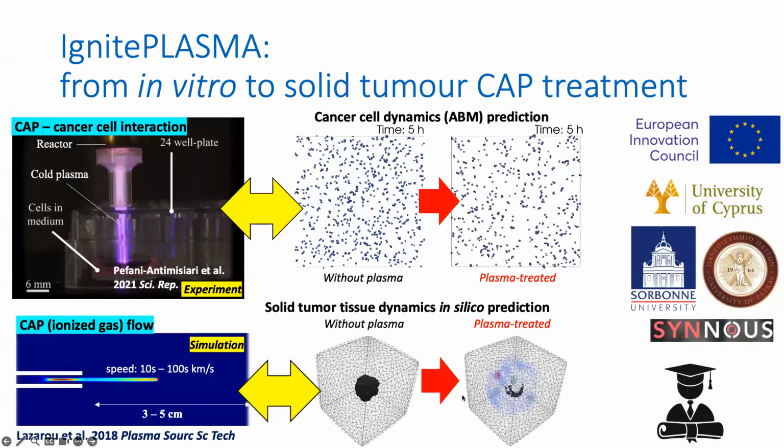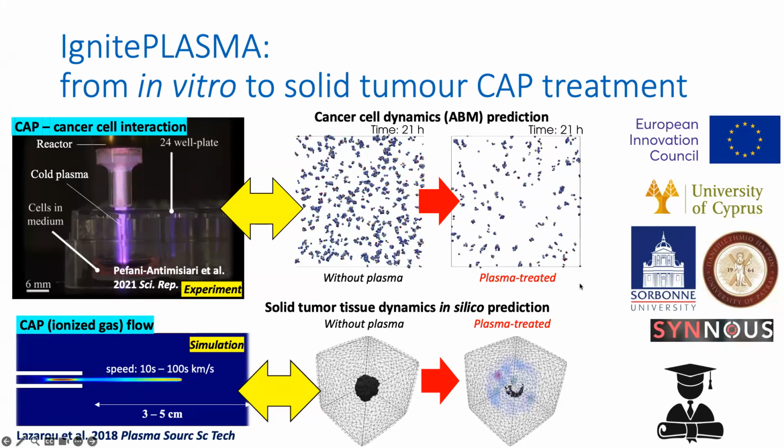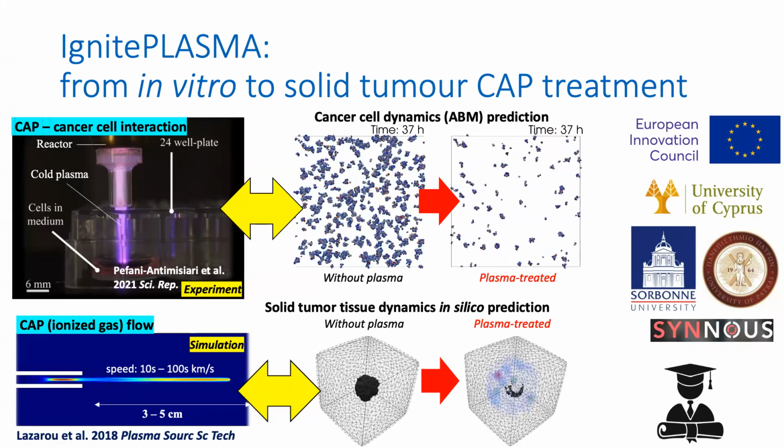It's just a slide. The grant we received just a couple of months ago from the European Research Council, we aim at going from simple in vitro experiments into in vivo experiments to something with the effect of plasma in cancer.